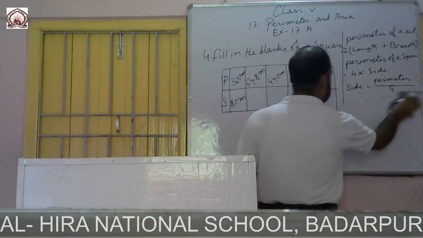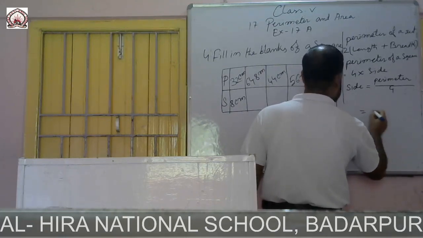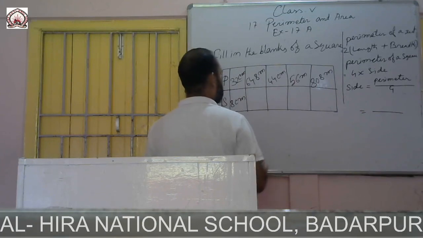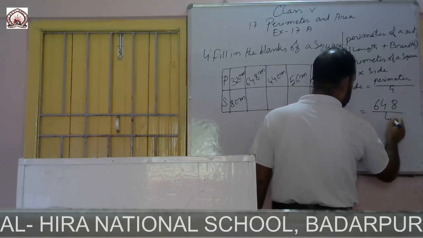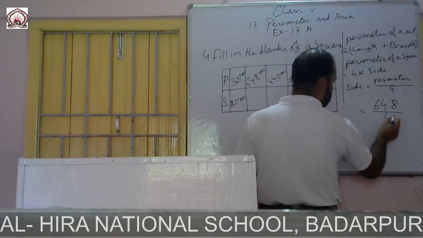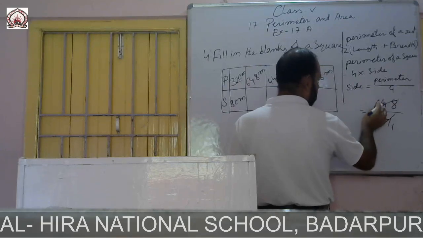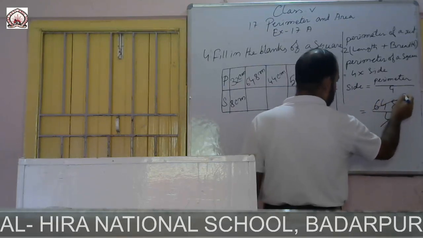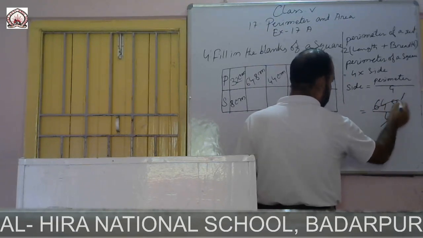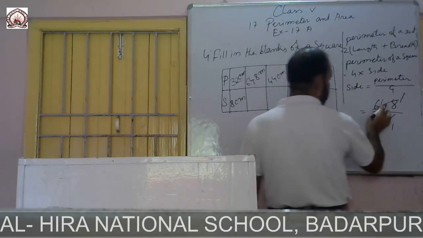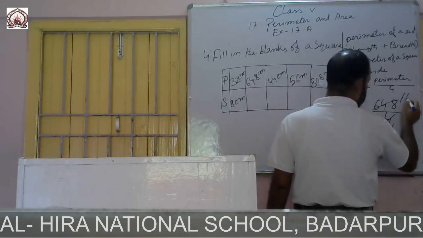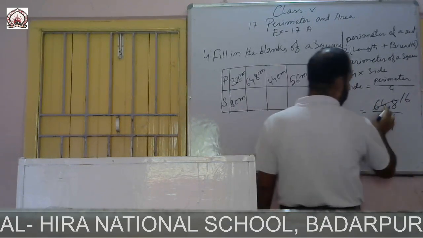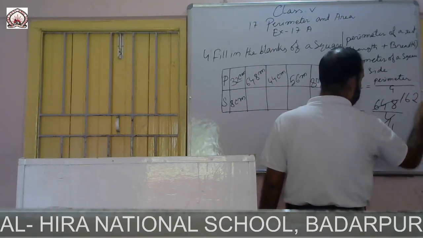Next one is what? Perimeter equal to 64.8 by 4. So if we reduce, then 4 ones are 4, remain 2, 24, 4 sixes are 24, and 4 twos are 8.